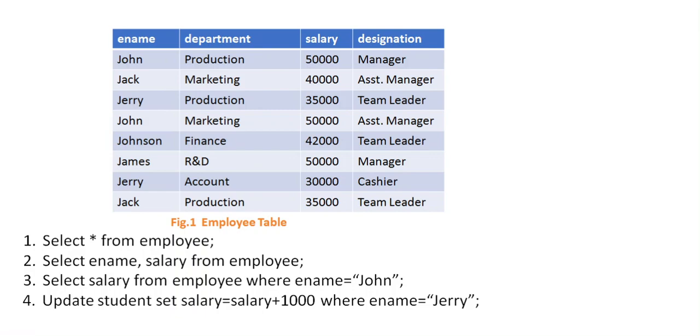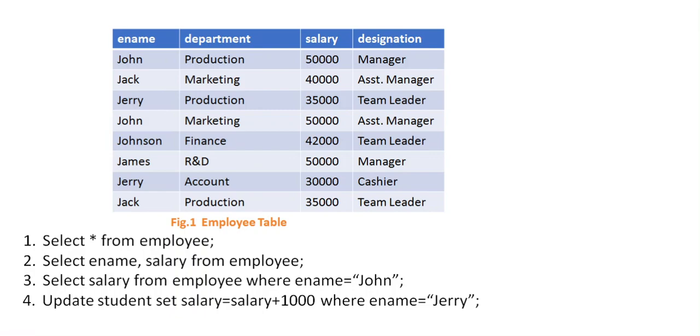Now here if you look at the table, we again have 2 entries for the name Jerry. One employee Jerry is working in production department and another employee whose name is also Jerry is working in account department.